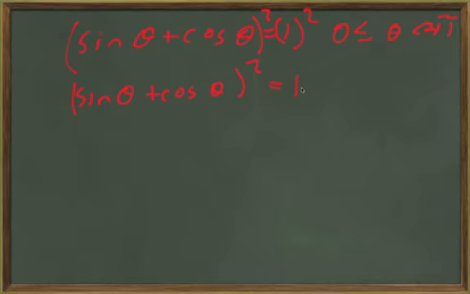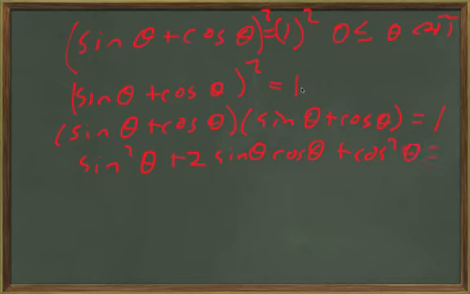When we square this, we do (sine theta plus cosine theta) times (sine theta plus cosine theta) equaling 1. And then if we FOIL, we end up with sine squared theta plus 2 sine theta cosine theta plus cosine squared theta equaling 1.